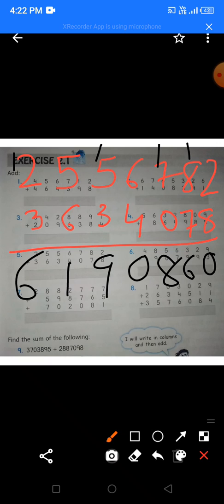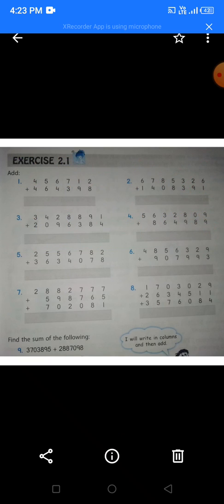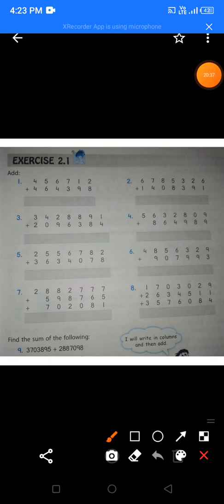So we can solve another question. Now children, we will solve question number 6.